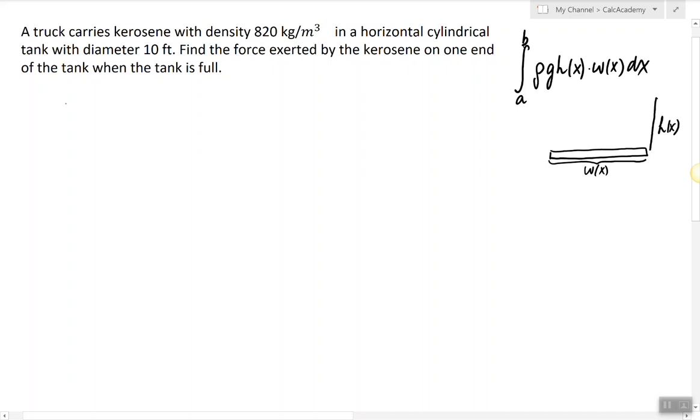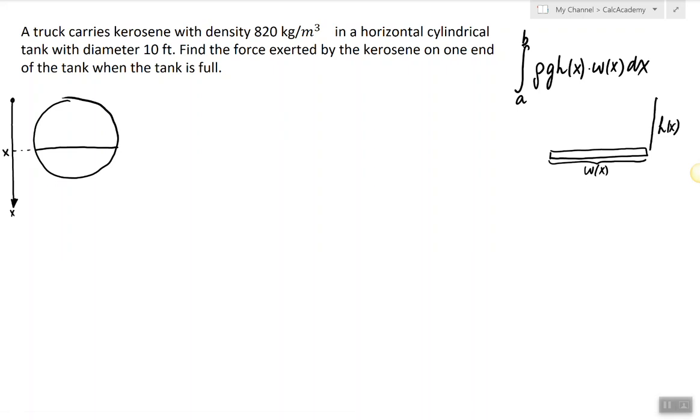So in our case, we have a cylindrical tank, and we're going to place the coordinate axis right at the top of the tank, pointing down, and we're going to pick some arbitrary slice, and in this coordinate system it will be x units deep, meaning the function representing the height will just be x.